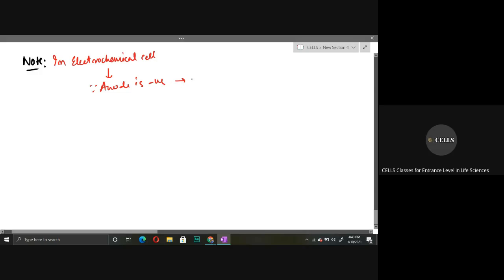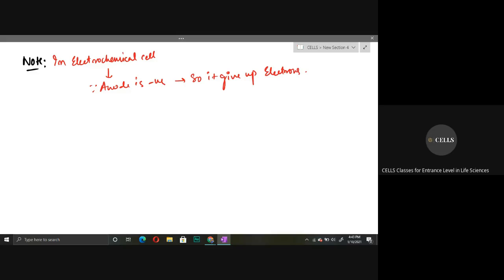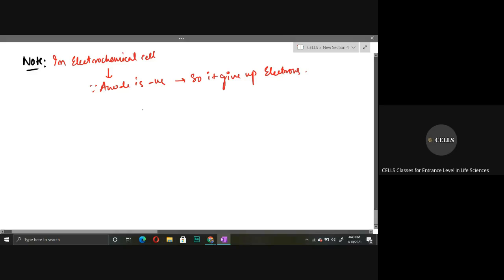The anode is too negative, so it will give off electrons to get stability. Giving off electrons means oxidation. So oxidation takes place at the anode, and this anode is always present at the left hand side of the electrochemical cell.